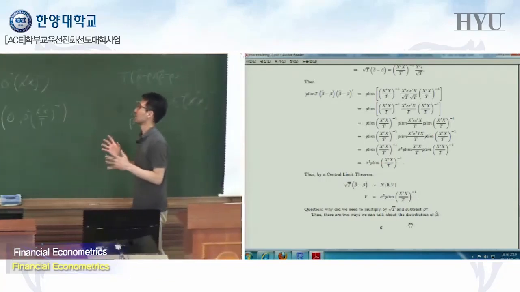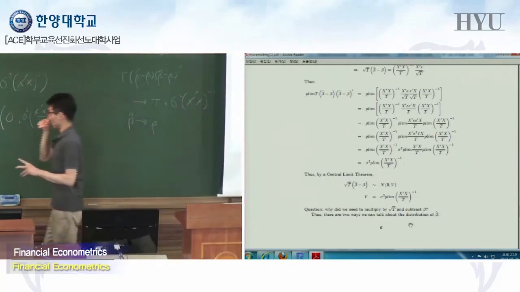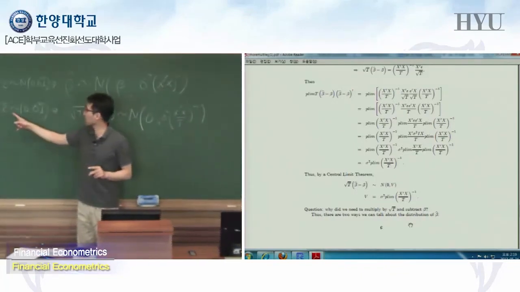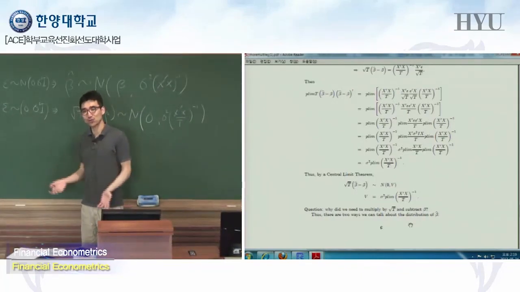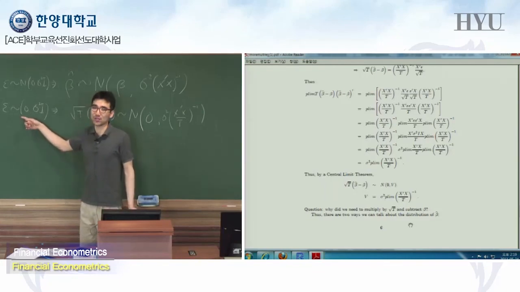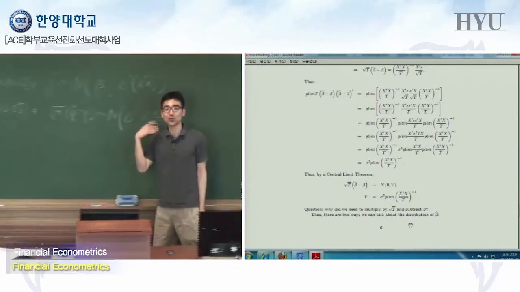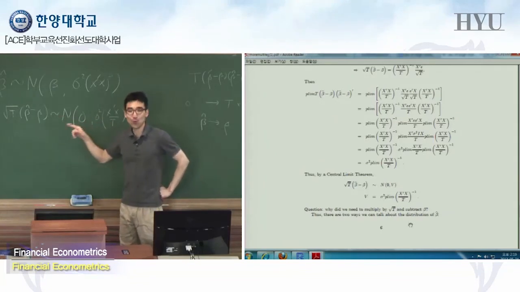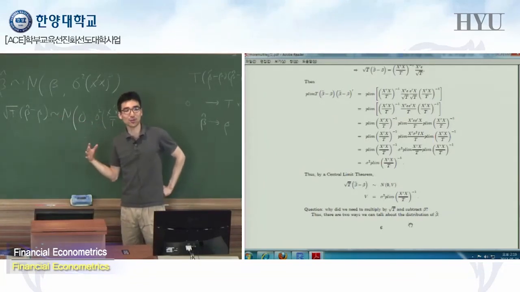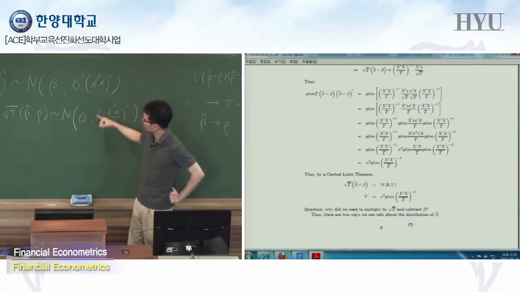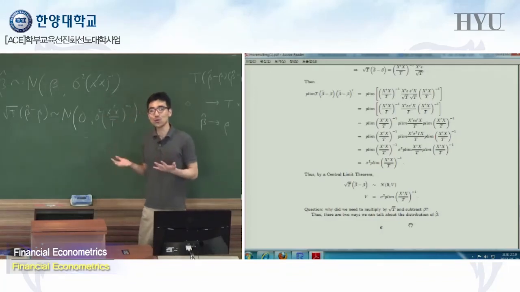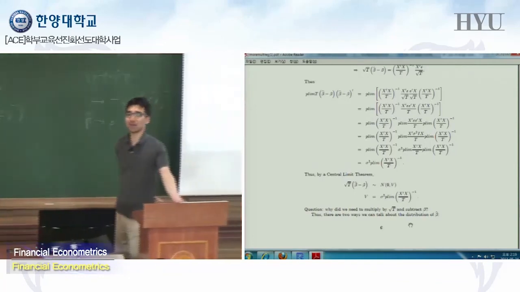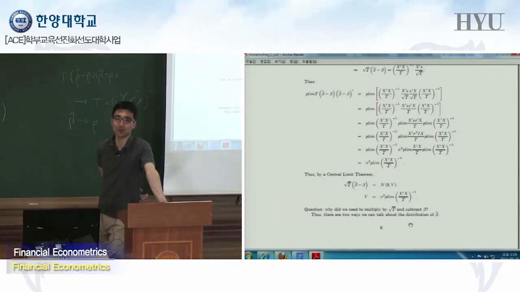So the point is that even though we are not sure about the normality of epsilon, if we have large samples, we can say asymptotically that beta hat also follows a normal distribution. Because this and this are almost the same, we can still use all the previous F test, T test, or chi-square test, those things.